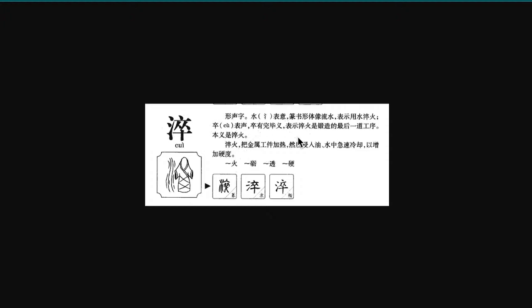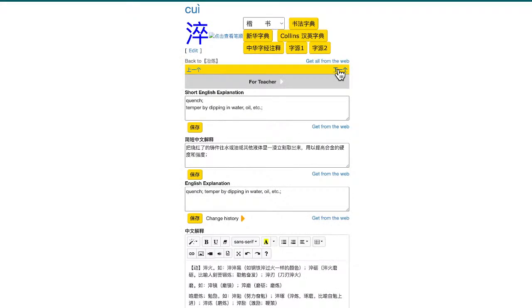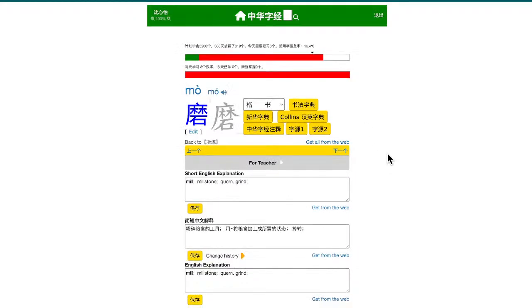In the entire metal processing workflow, 脆 is the last process. It's the ending work, the finishing work. So that's why they use this character right here. So this is 脆. Next one, 磨.